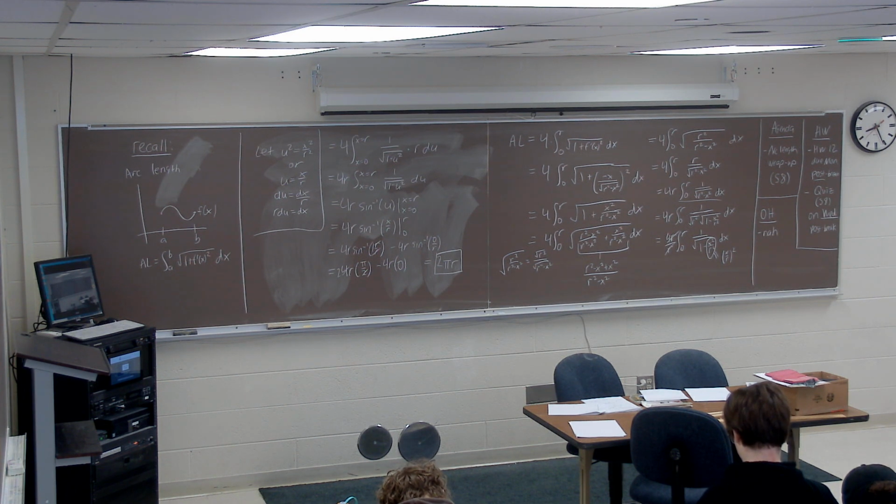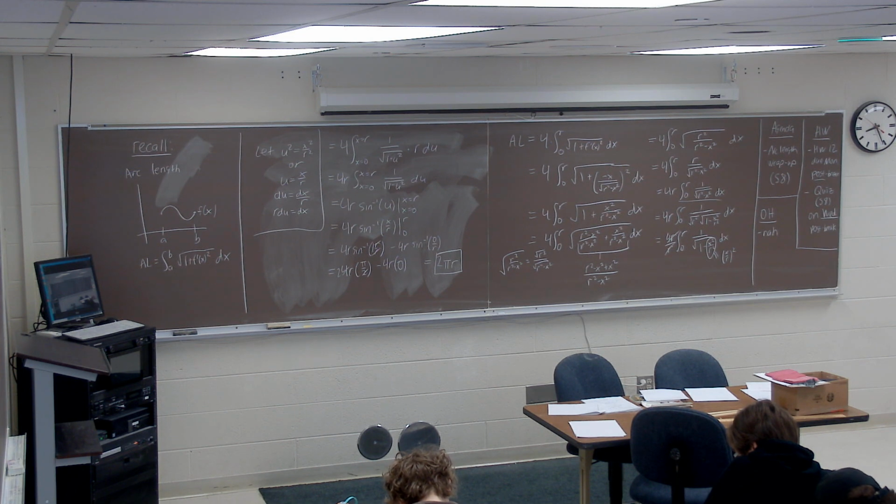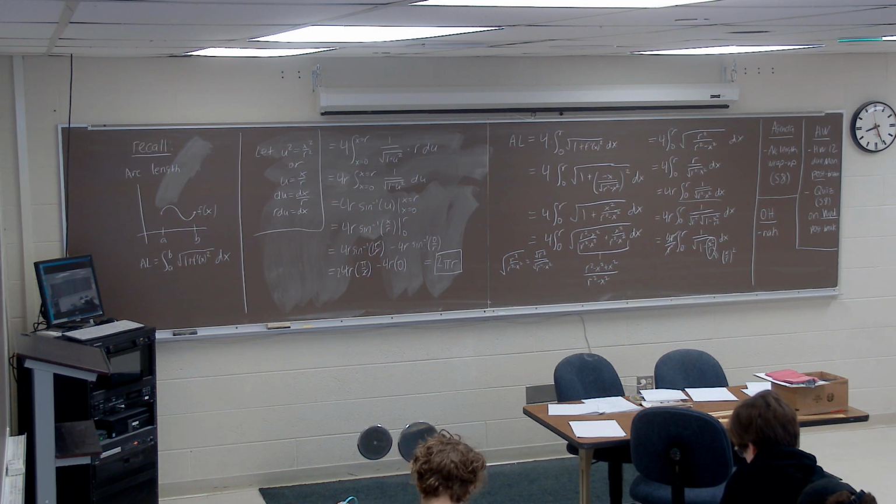Have you tried squaring out 3 halves that have 1 half? It's not supposed to be 9, it's supposed to be 1 over 9.